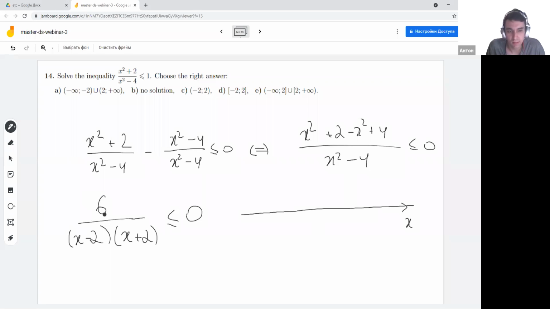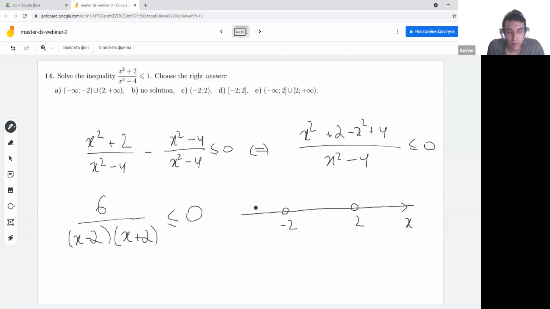It is always 6. So the real play here is the denominator. The denominator has 2 points where it changes its sign. We are only interested in the sign here because we are asked whether this fraction is positive or negative. So there are 2 points, namely -2 and 2.